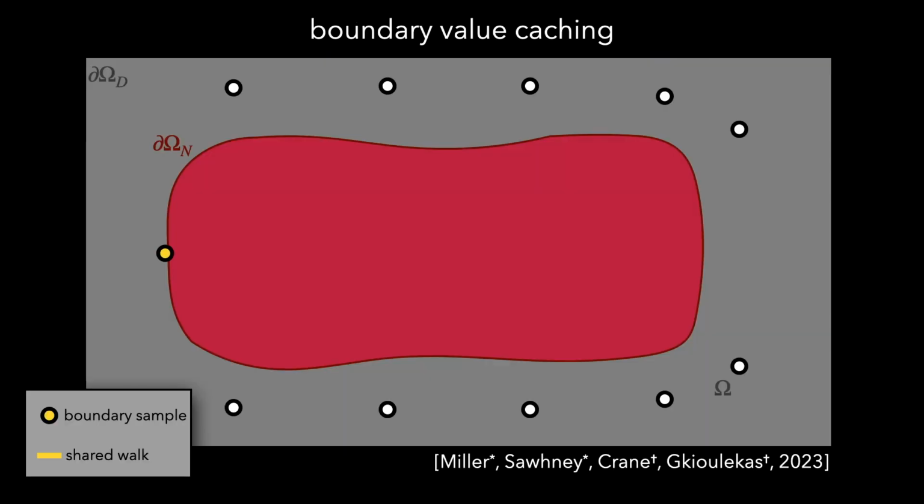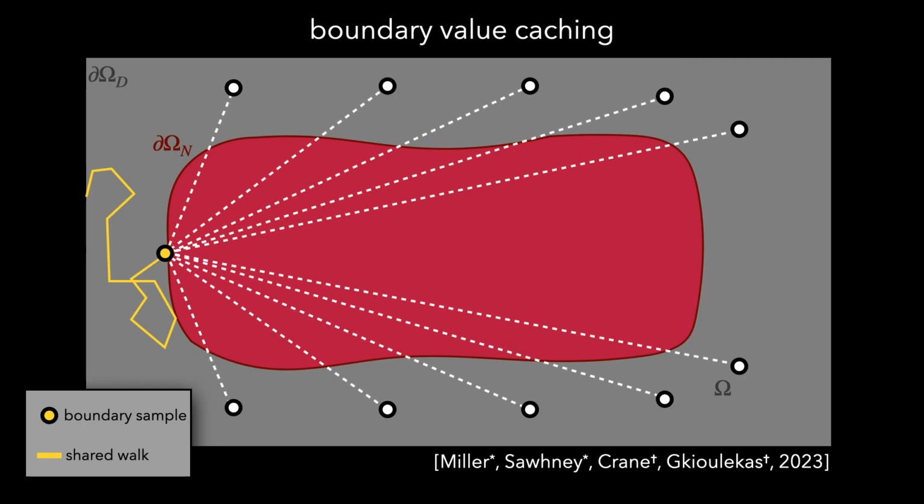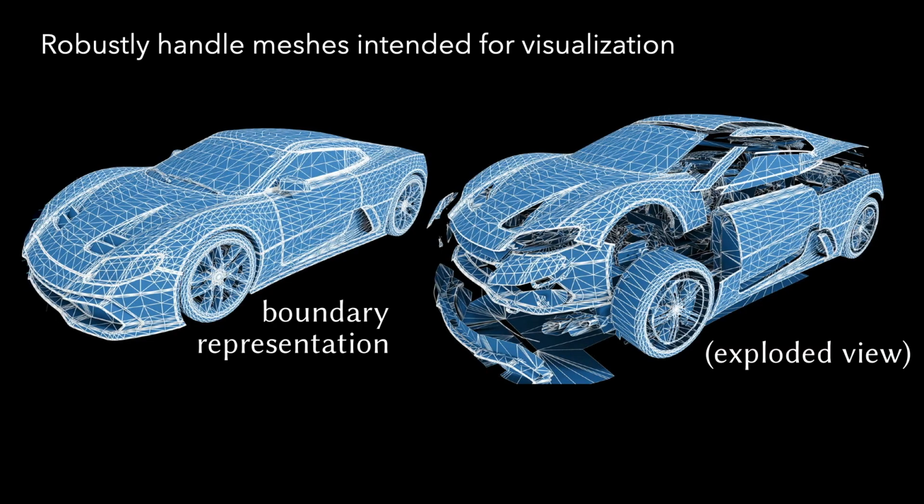So to address these issues, we'll describe a simple boundary value caching strategy that instead takes walks only from the boundary of the domain and then reuses estimates from these walks over the entire domain. In our wind tunnel example, this provides significantly smoother streamlines, and it also works directly with game assets that might have been designed for visualization rather than sim-ready meshes that are needed by finite element solvers.